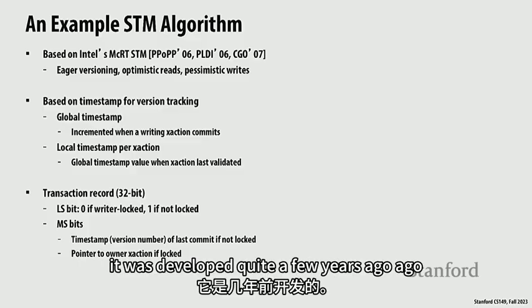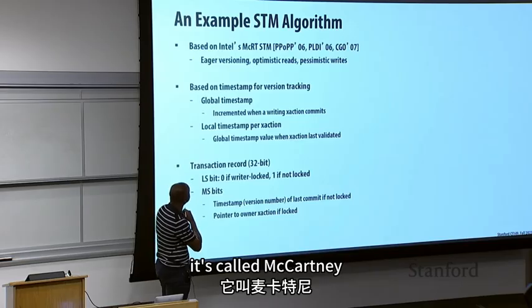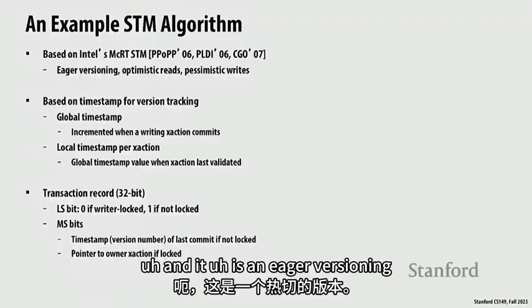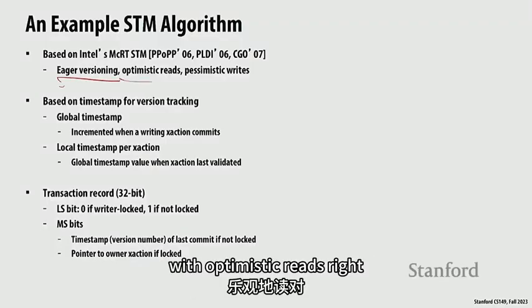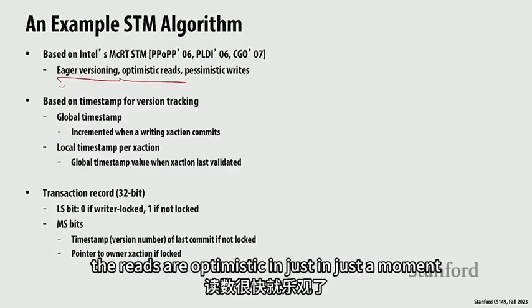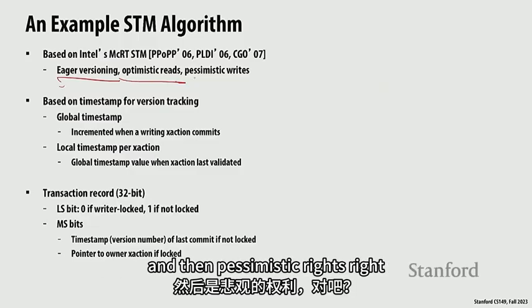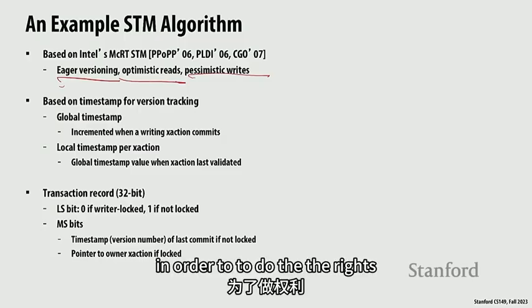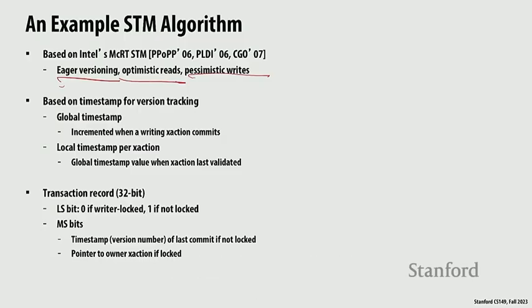It was developed quite a few years ago. It's called McRT. And it is eager versioning with optimistic reads, which means we'll say explicitly how the reads are optimistic in just a moment, and then pessimistic writes, which means you're going to take locks in order to do the writes.